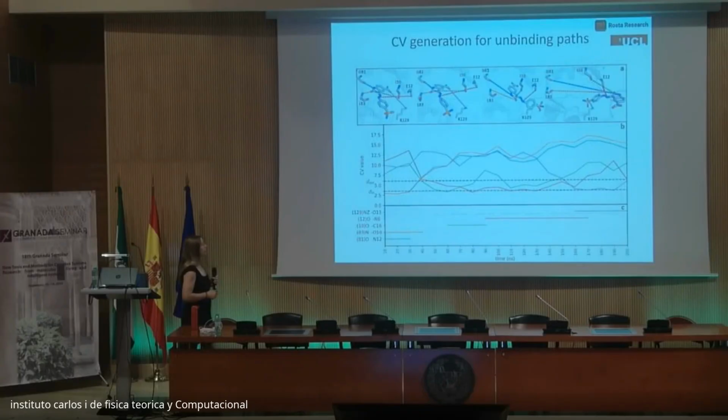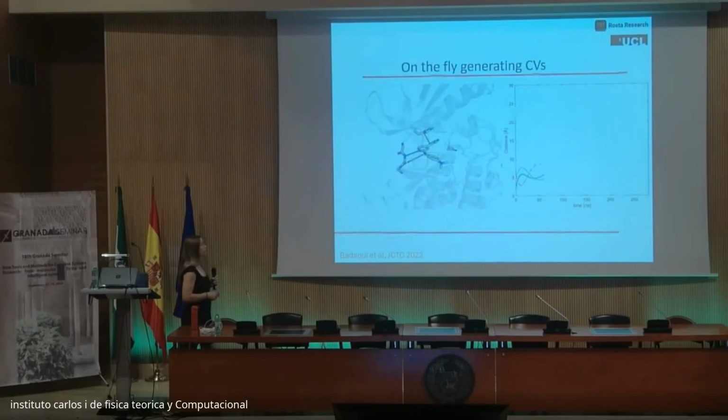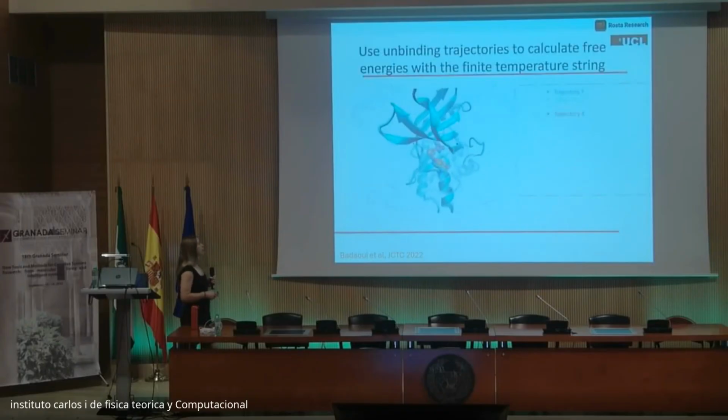So what we wanted to do then is to identify important collective variables along the way to better describe this path. We would run many of these simulations, and along the way we would identify every single interaction that the ligand encounters with the protein. We can even run several of these unbinding trajectories, where we could identify many different interactions between the ligand and the protein.